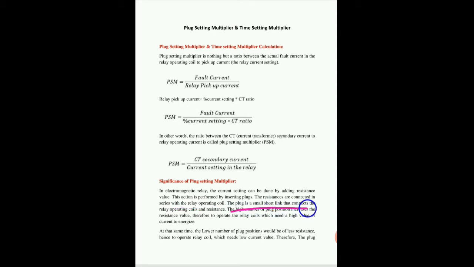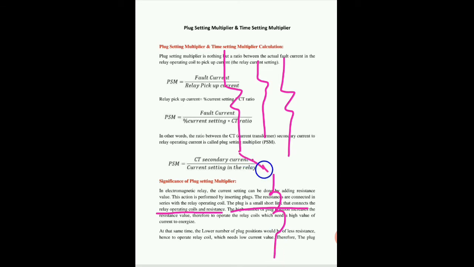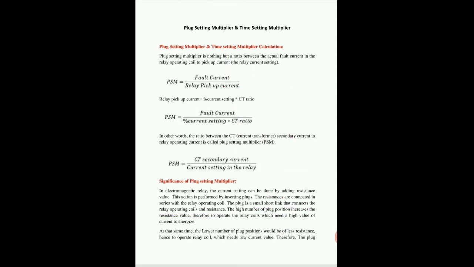The plug is a small short link that connects the relay operating coil and the resistance. This is the resistance we have, and this is the relay operating coil. The resistance is connected in this fashion.